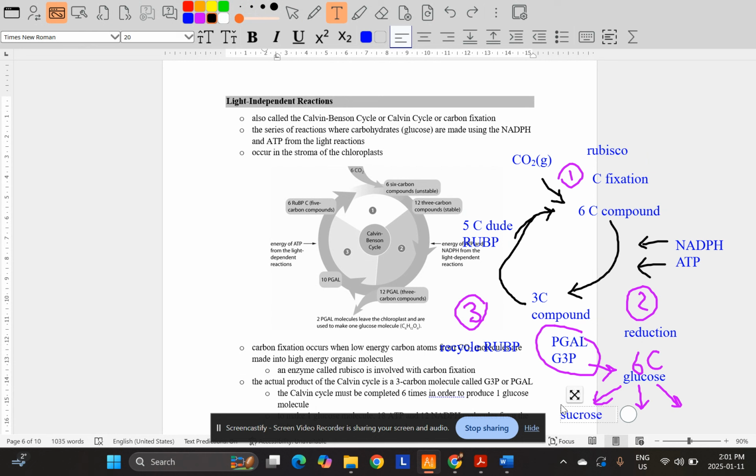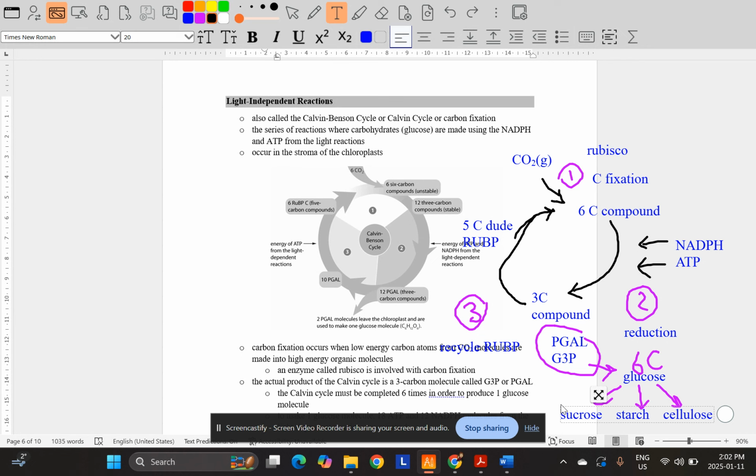It can be made into starch, a compound that stores sugar, like potatoes have lots of starch. Or plants need the glucose to make cellulose, which you recall is part of the cell wall that gives it its structure and stability.